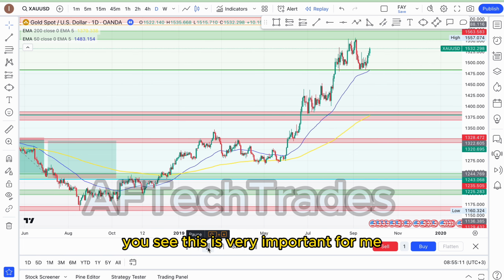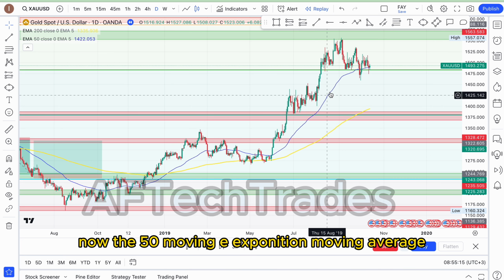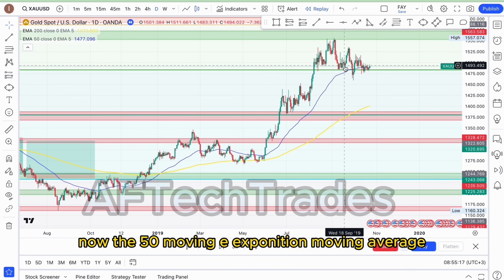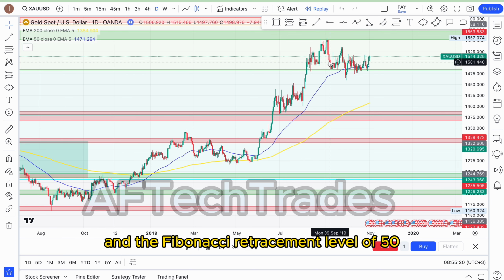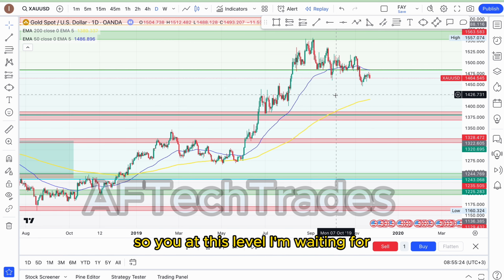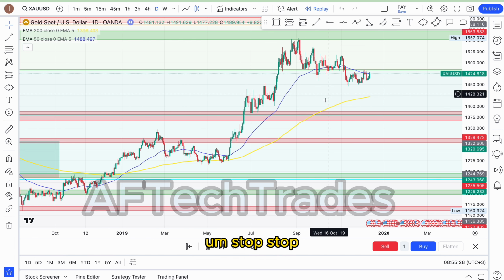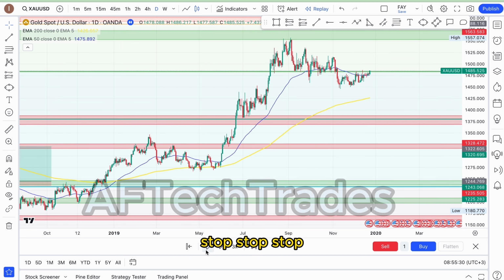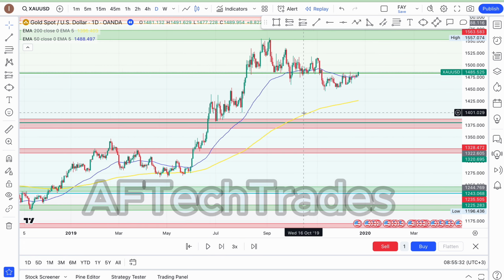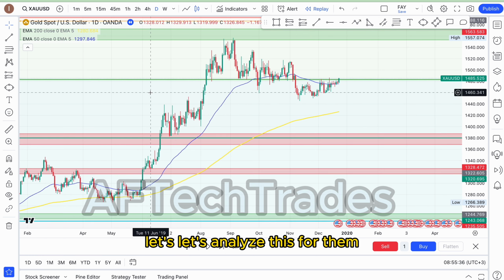You see, this is very important for me. There are two confluences here now: the 50 exponential moving average and the Fibonacci retracement level of 0.5. Look at the consolidation happening here. This is market indecision, so at this level I'm waiting. Let's analyze this further.